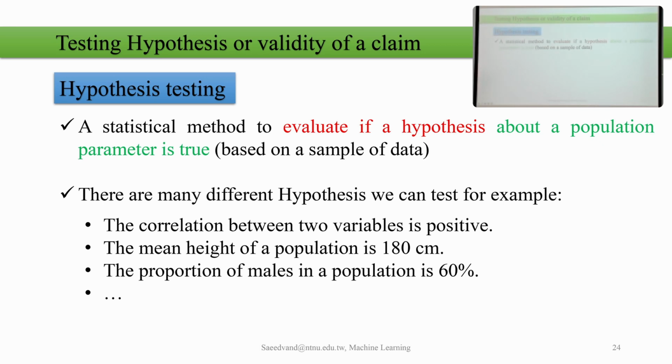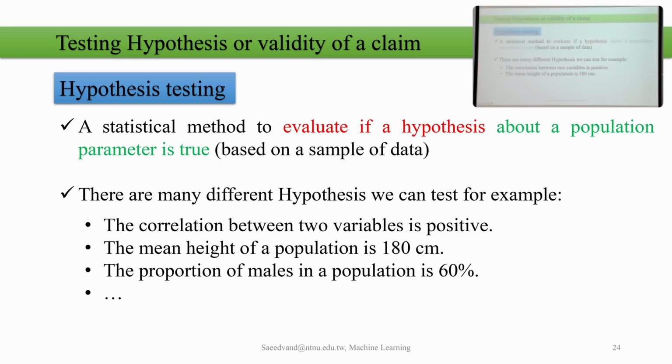So we say hypothesis testing is a statistical method to evaluate if a hypothesis about the approach and parameters is true or not. There are many different hypothesis tests for sampling. For example, is the correlation between two variables positive or not?